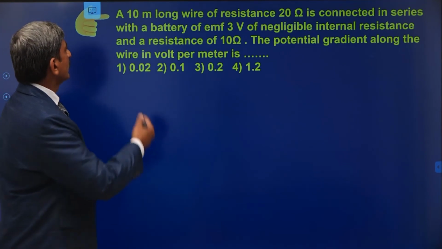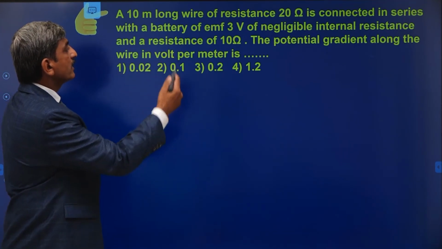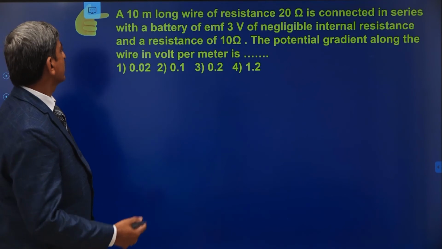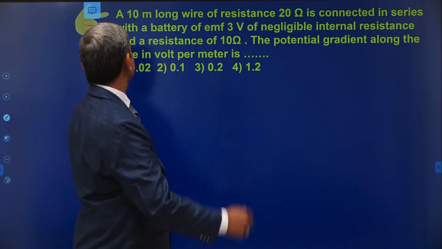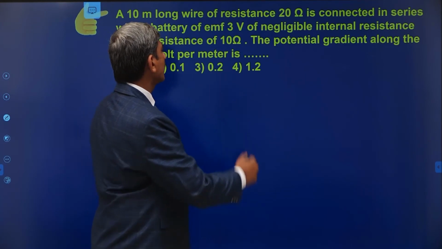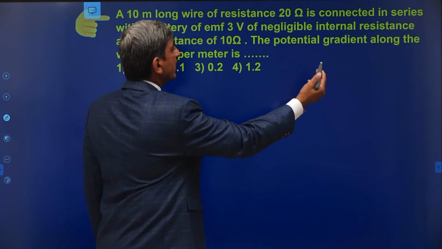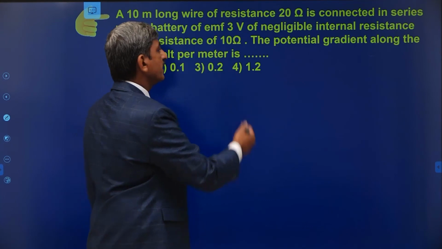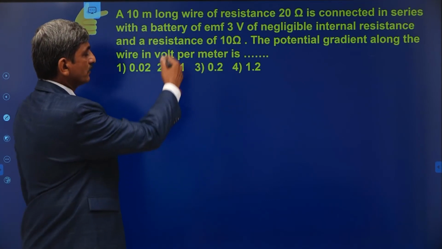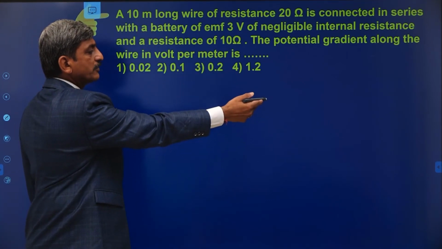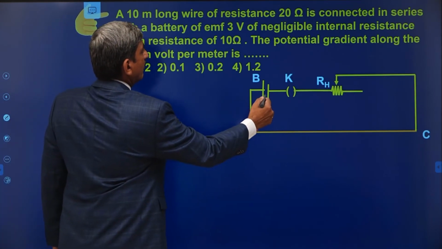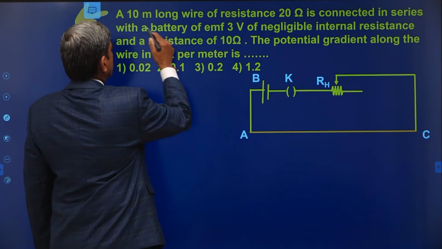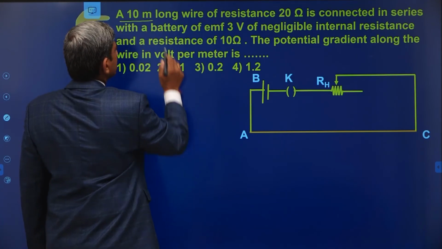See the problem. A 10 meter long wire of resistance 20 ohm is connected in series with a battery of EMF 3 volts of negligible internal resistance and a resistance of 10 ohms. The potential gradient along the wire in volt per meter is dash. So for the problem, I am going to draw the potentiometer circuit. Here, what is the length of the wire?